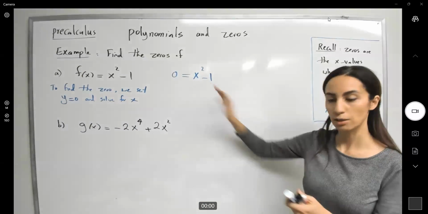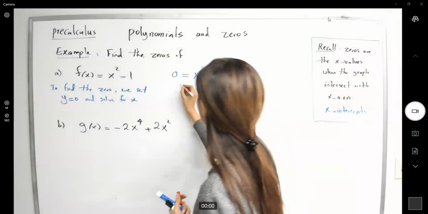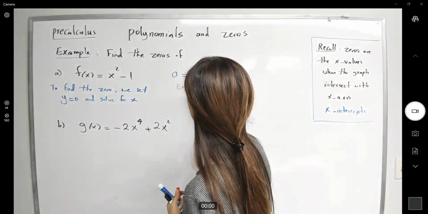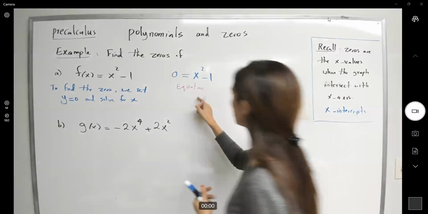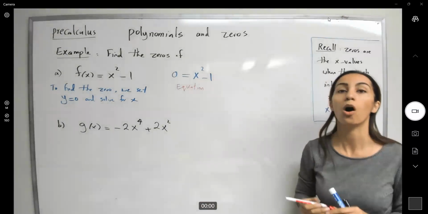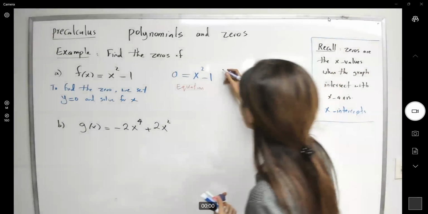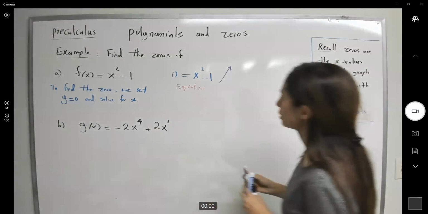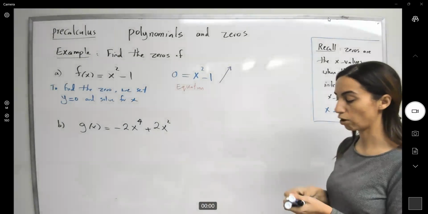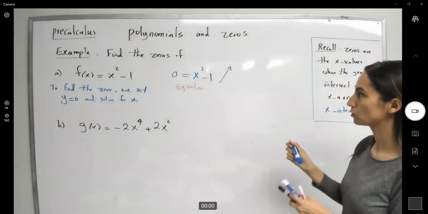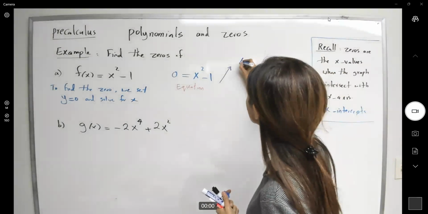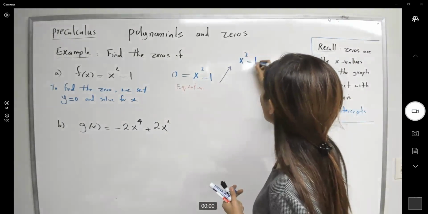To solve this equation, we have two options. The first option is just add 1 to both sides. You get x squared equals 1.